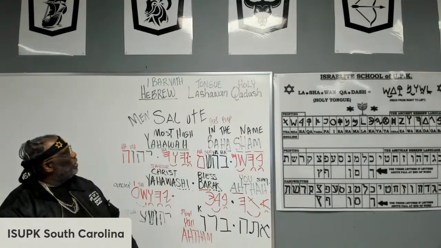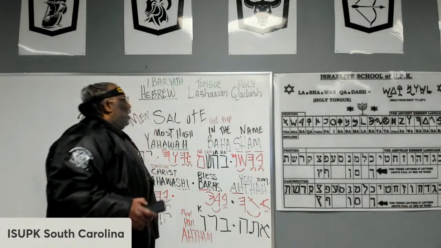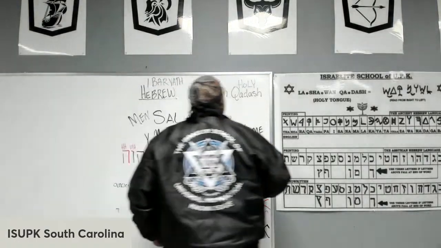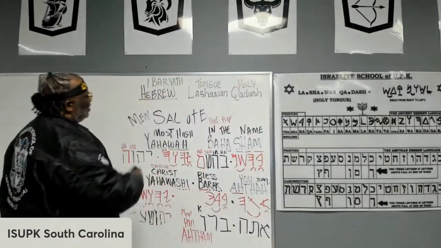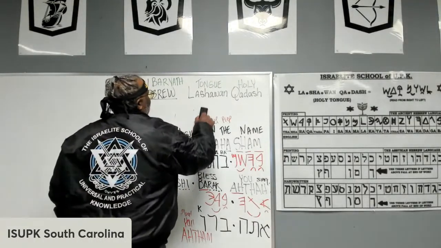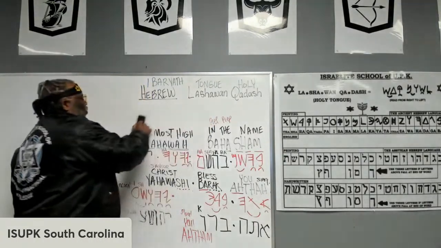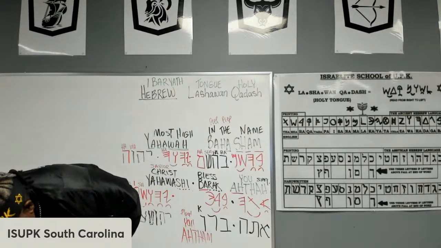We'll write one thing up here. Okay, that's the men's salute. Let me add a little space right here, so I'll write something. Let's write a couple words here before we go.